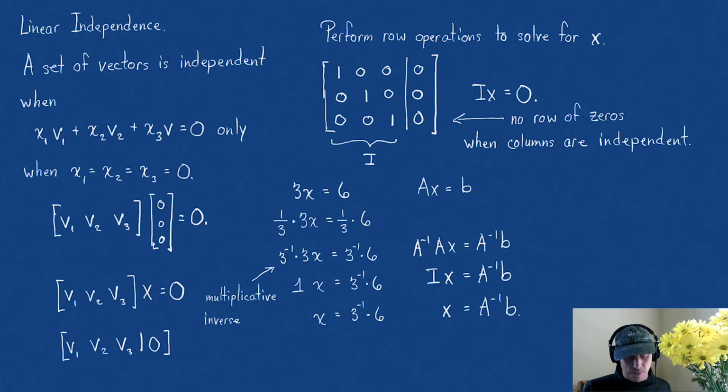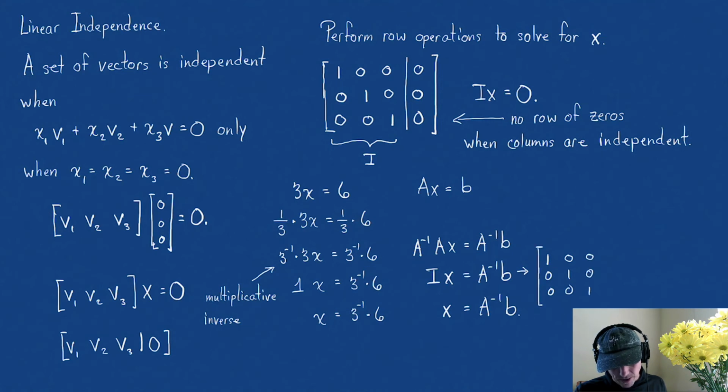And here's the point. Notice this. If I was to take the second to last step and write it out, I would have the identity matrix 1, 0, 0, 0, 1, 0, 0, 0, 1. You could extend this into larger ideas. And then on the right-hand side, I would have A inverse b. This would be my augmented matrix.